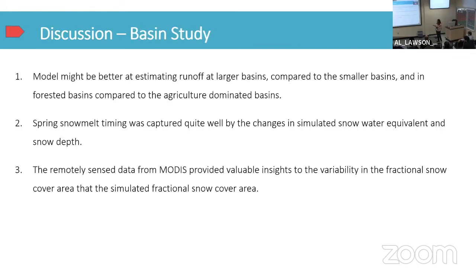For the basin study, like I mentioned before, the smaller basins were not doing as good as the larger basins, and one of the factors might be because of the land use. The smaller basin had a lot of agriculture area, whereas the larger basins were more forested.